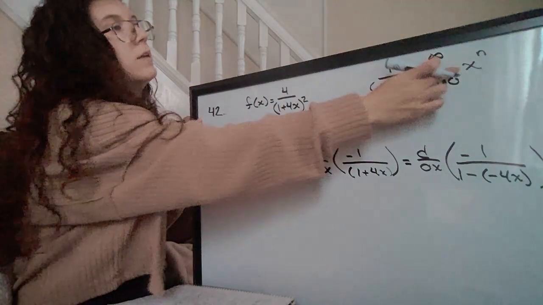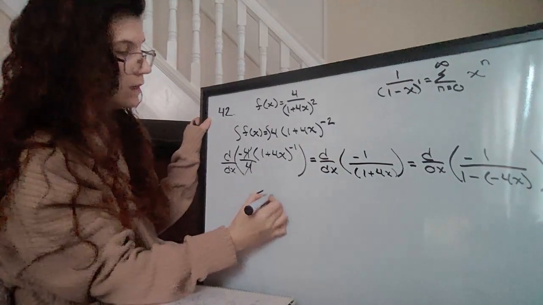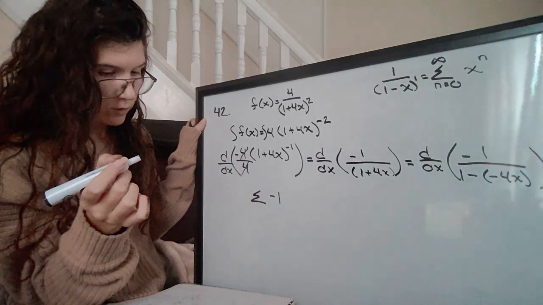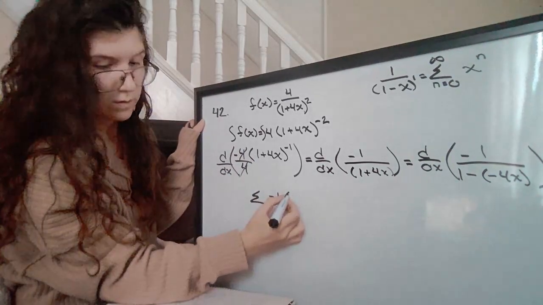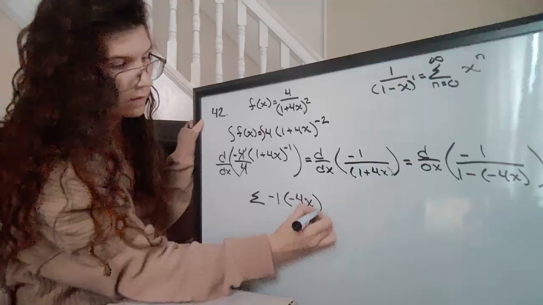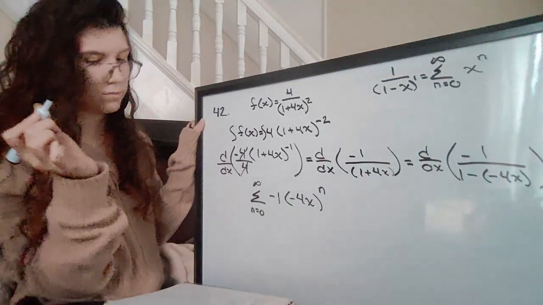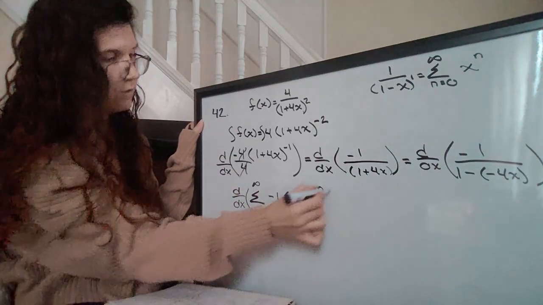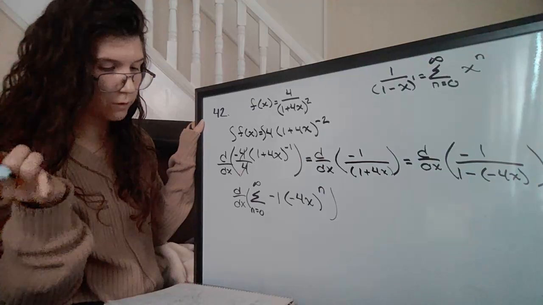I have a positive 1 here and a positive 1 there, so I'm going to write this as negative 1 times negative 4x to the n, as n goes from 0 to infinity. And I still need to take my derivative of this guy. All right. Hopefully we're good there.